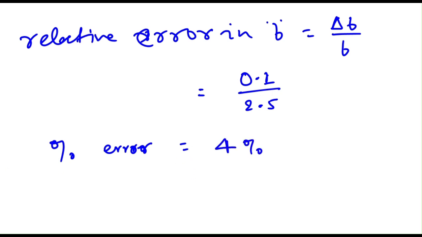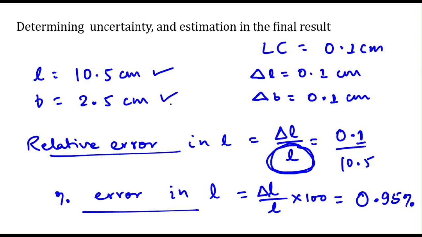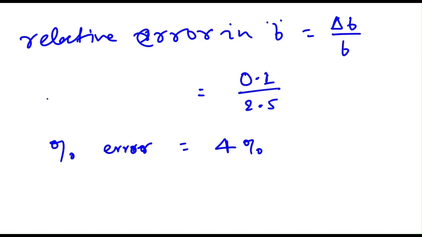Now look, I just mentioned that the relative error or percentage error, of course, depends on the measured value. With the same precision, we have measured two different values, length and breadth, and we can see if the measured value is large, the relative error or percentage error is less compared to the smaller measured value, where the relative error or percentage error is greater.